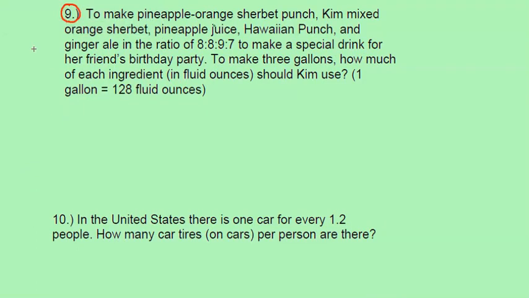To make pineapple orange sherbet punch, Kim mixed orange sherbet, pineapple juice, Hawaiian punch, and ginger ale in the ratio of 8 to 8 to 9 to 7 to make a special drink for her friend's birthday party. To make 3 gallons, how much of each ingredient in fluid ounces should Kim use? 1 gallon equals 128 fluid ounces.